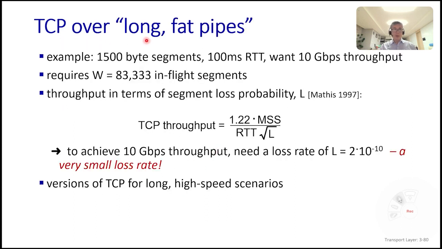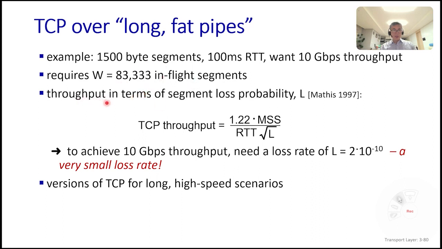TCP over long fat pipes. For example, the segment size is 1.5 kbytes, the round trip time is 100 milliseconds, and we want 10 Gbps throughput. This requires W equal to 83,333 in-flight segments.